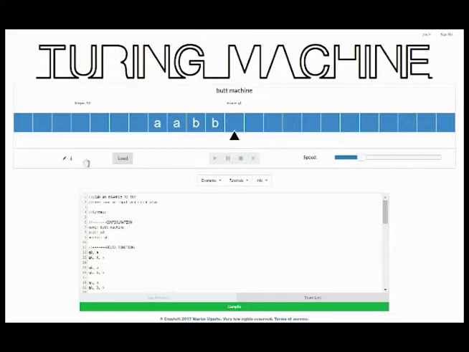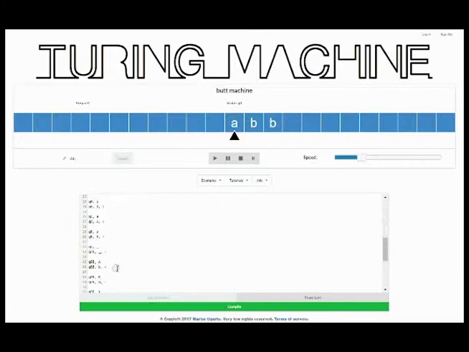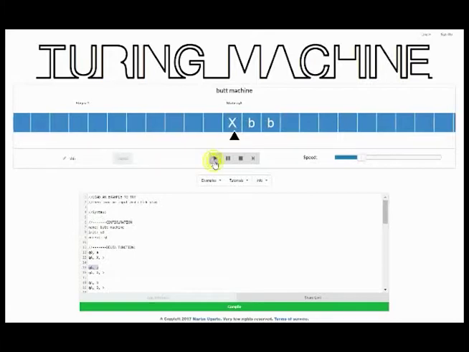When the machine is in the starting state and it sees a B, it would transition to state QB, and when the first letter of the input is A, it would transition to state QA, as is shown here, and then move to the right of the input to process the character on the right side of the first letter.